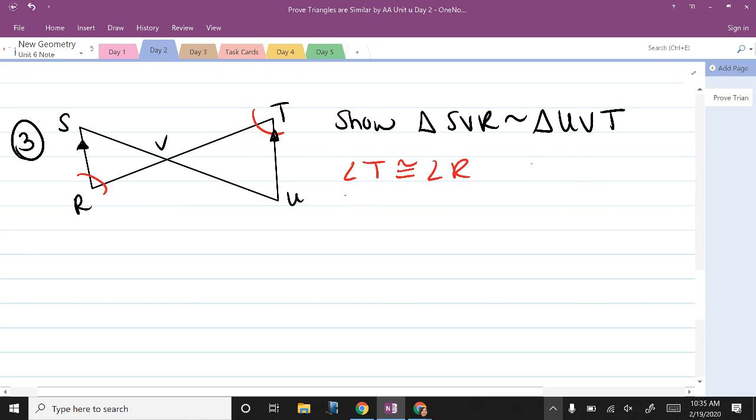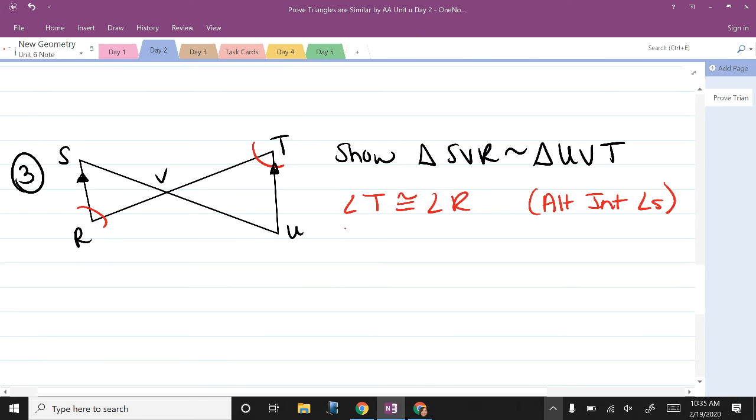Because of alternate interior angles. All right. Likewise, I could say S and U, by the same reason, right? But what's here too? Vertical angles.